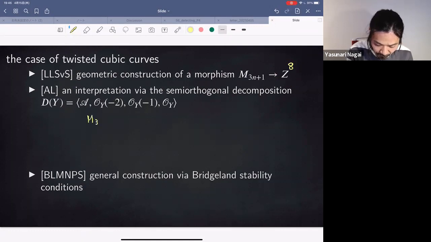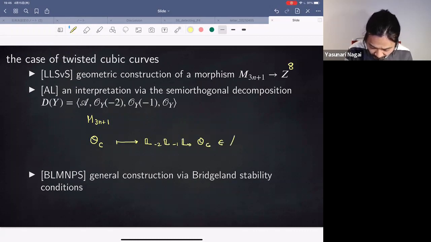We have a twisted cubic curve, we take its structure sheaf, and taking a mutation of this structure sheaf gets inside of the Kuznetsov component.